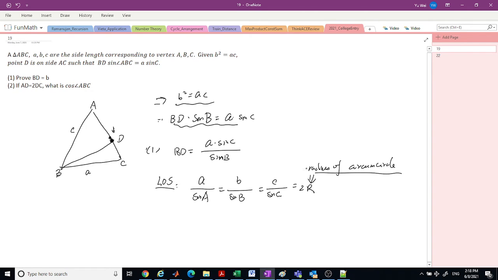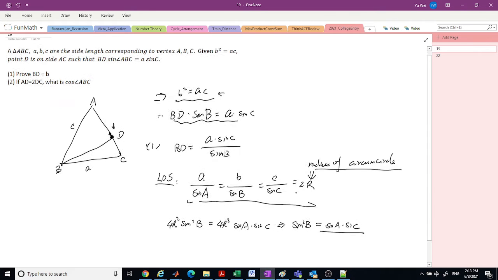Okay, so now if we apply this back to here, we have 4R squared sine squared B is equal to 4R squared sine A times sine C. So we have sine squared B equal to sine A times sine C, right?